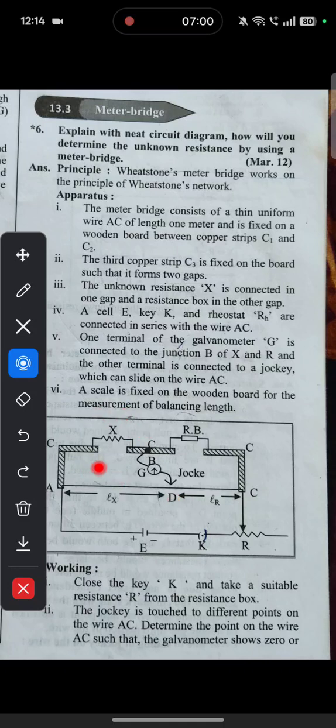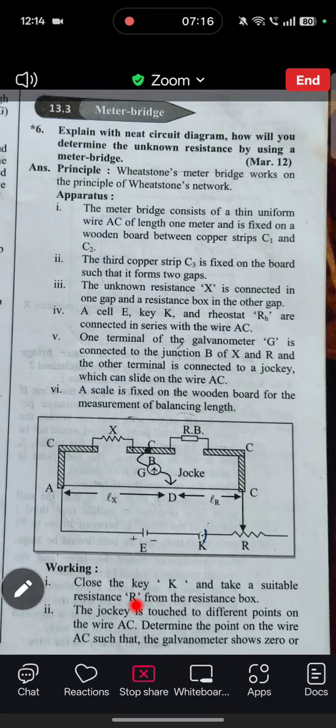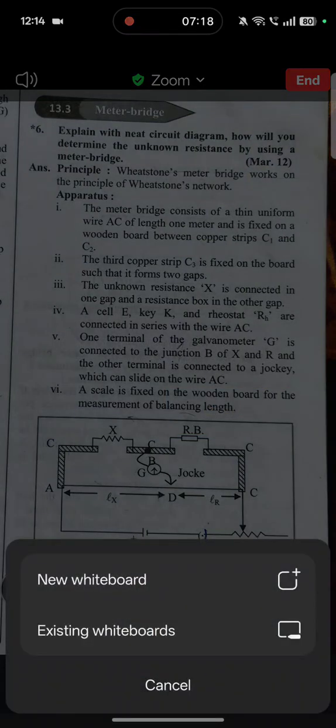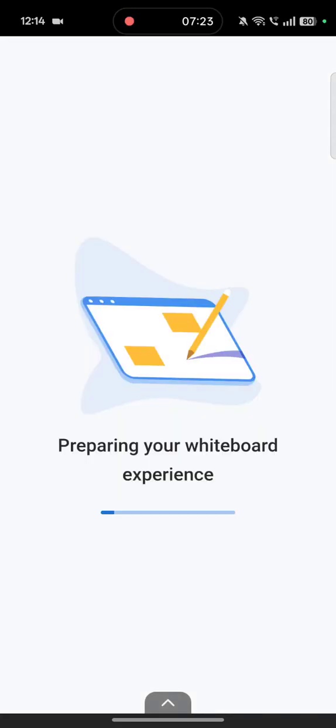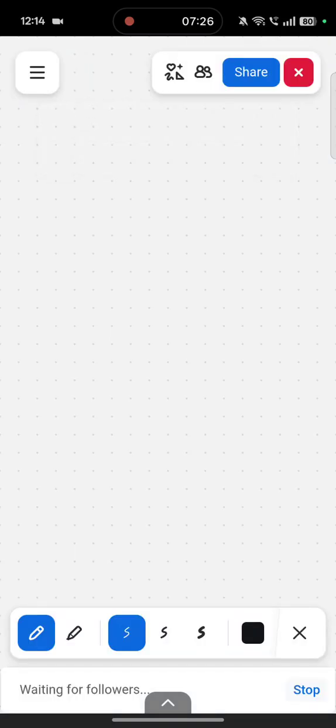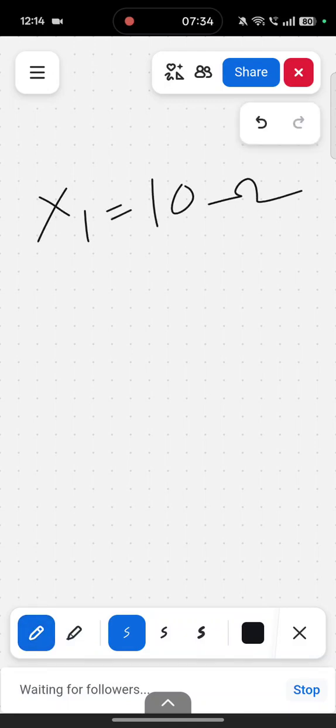These are the unknown resistances. They will give you the values x1, x2. Suppose they have given two resistances, one is 10 ohms and the other is 20 ohms. So suppose x1 is equal to 10 ohms and x2 equals 20 ohms.